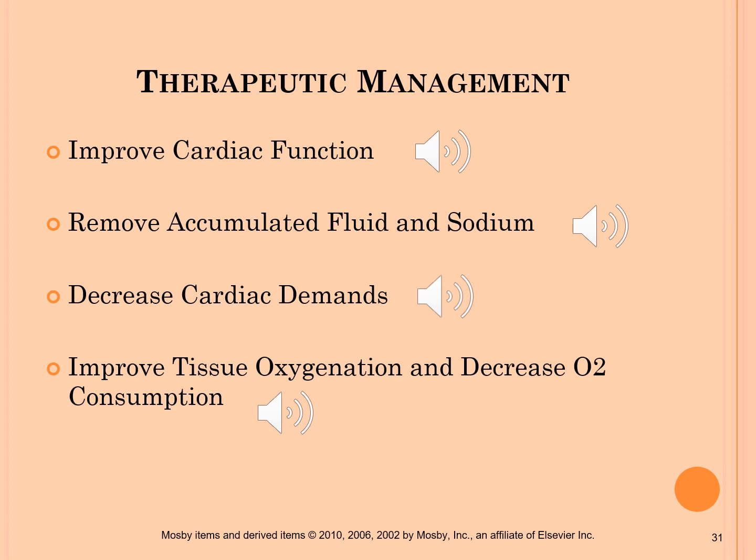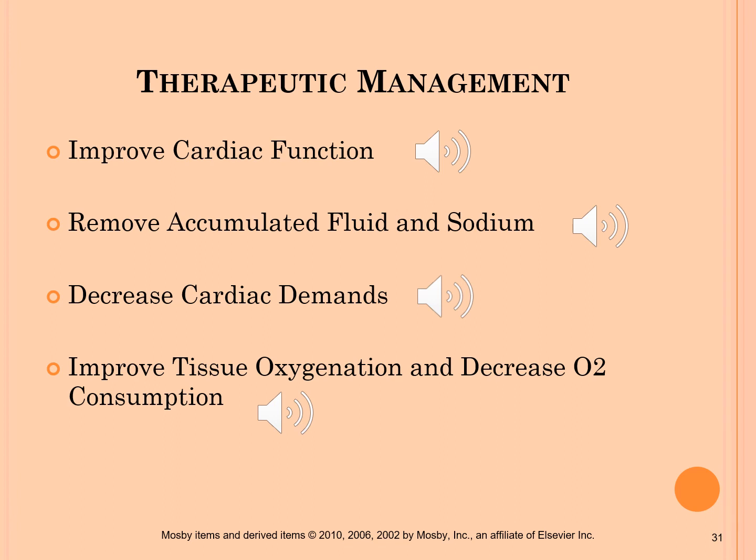Our last goal for the management of congestive heart failure is to improve tissue oxygenation and decrease O2 consumption. We're going to do that by monitoring their oxygenation, monitoring their O2 sats and keeping them greater than what the MD has ordered.